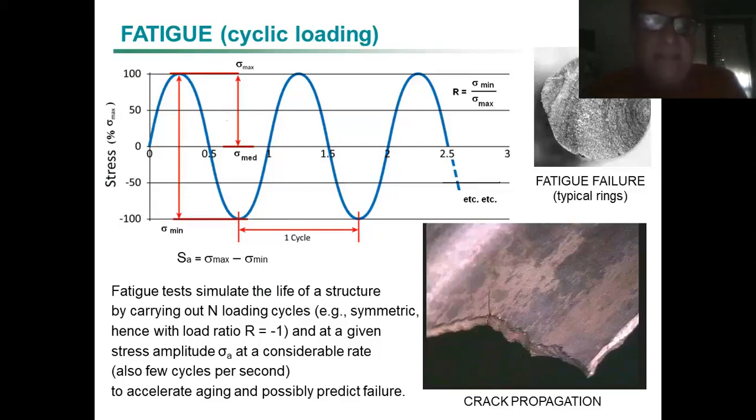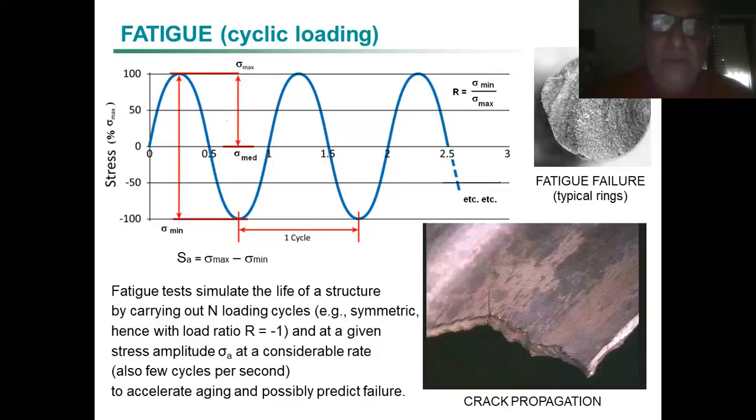This example is a symmetric one. So you go from 0 to a tensile stress, then you go to the same compressive stress on the other side, then you repeat that cycle for a large number of cycles.